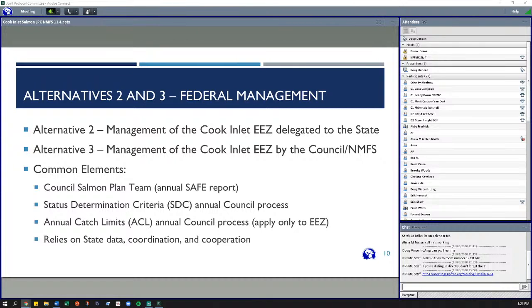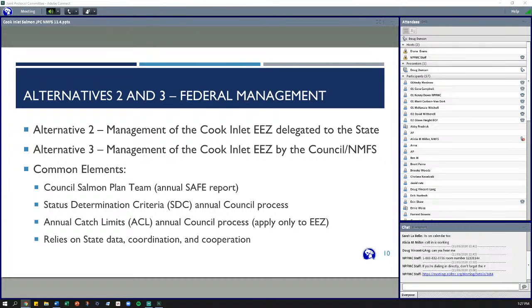One thing I want to mention about the annual catch limits and the status determination criteria: given the jurisdiction of the council and NMFS being limited to EEZ waters, the annual catch limits would be specific to the fishery and the EEZ.